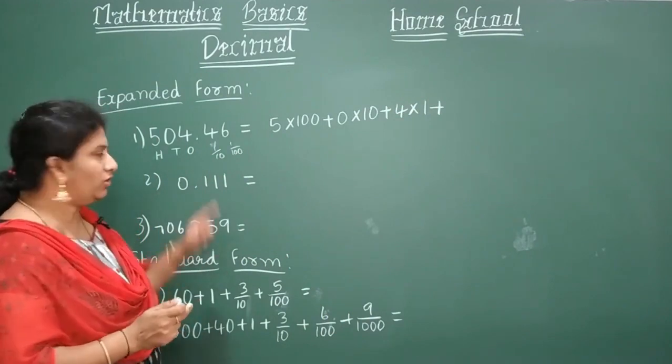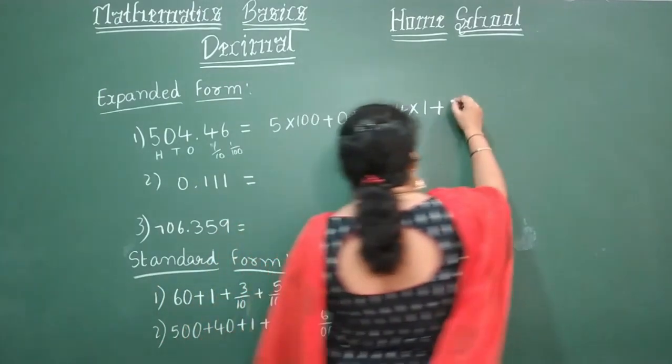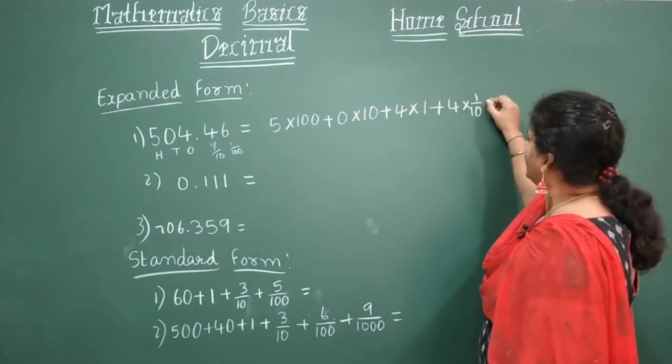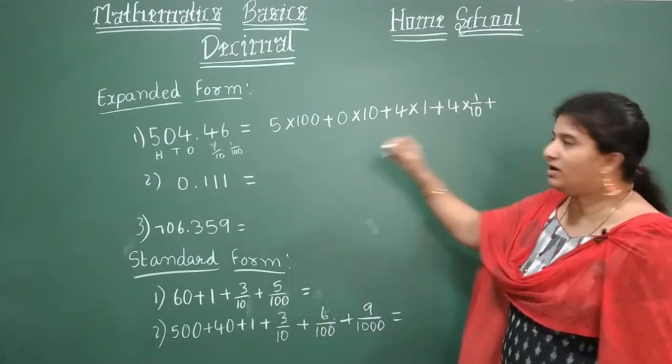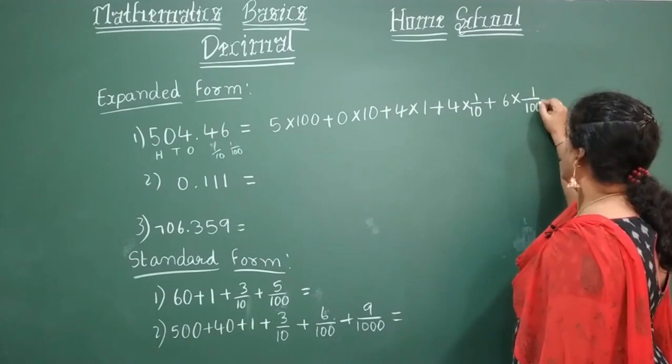How do you continue? 10th position means 1 by 10. So, look here, children. 4 into 1 by 10 plus, what's the next number? 6. 6 into 1 by 100.